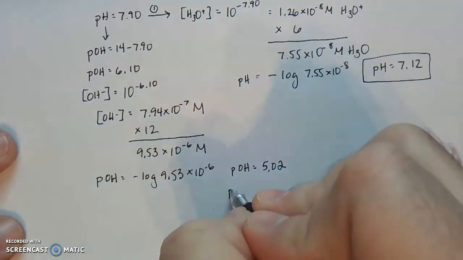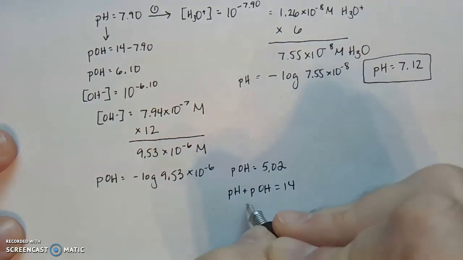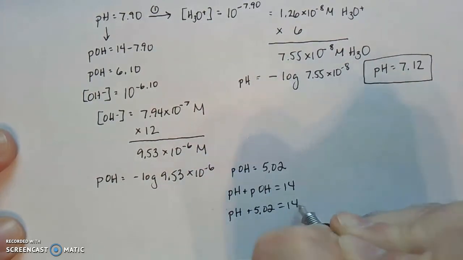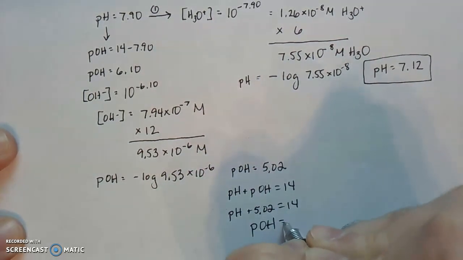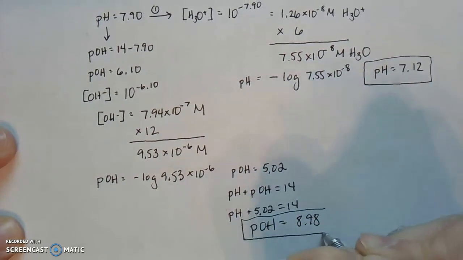And then by knowing that pH plus pOH is equal to 14, I can substitute in the 5.02 to give me a pH equal to 8.98. And there is my answer.